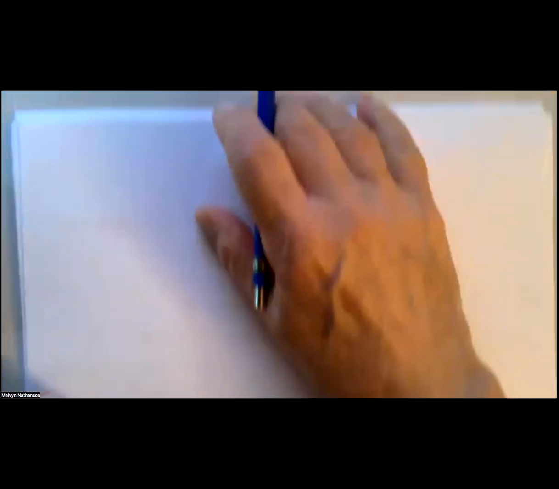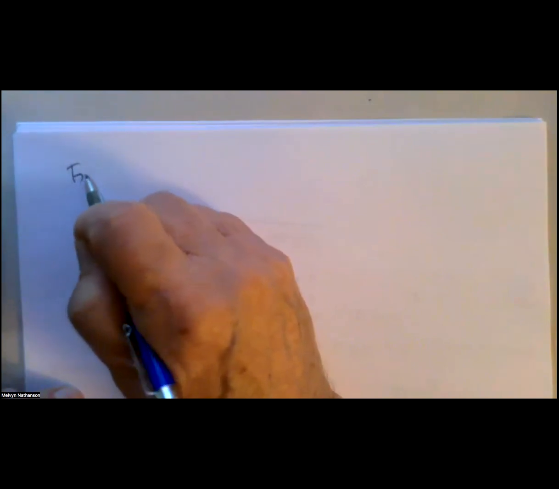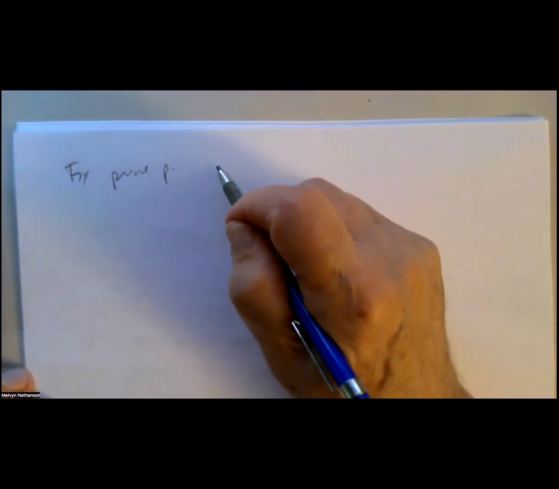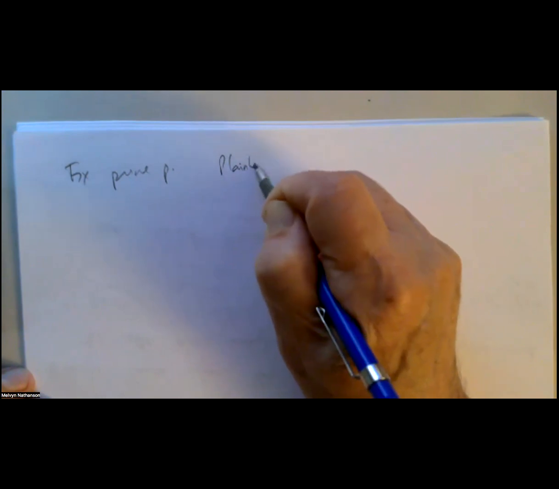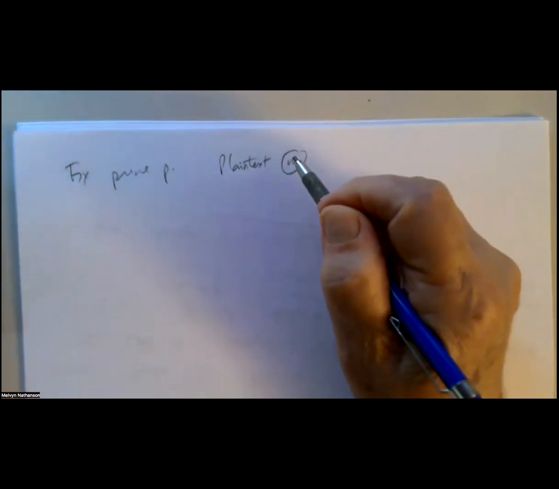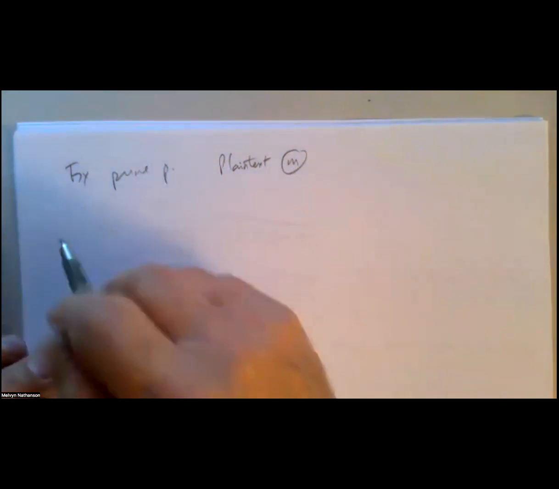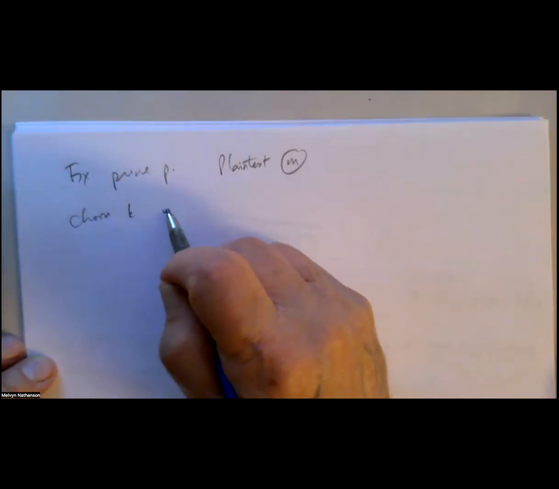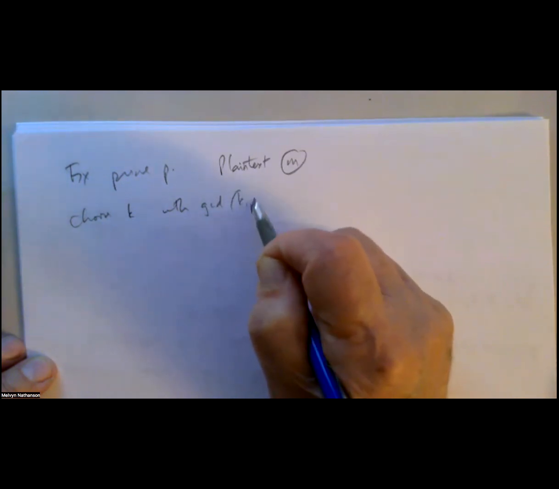What is another example of a symmetric cipher? Well, you fix a prime number P, and suppose your plain text, the message that you want to transmit, is M. So you choose a number K, with the greatest common divisor of K and P equal to 1.